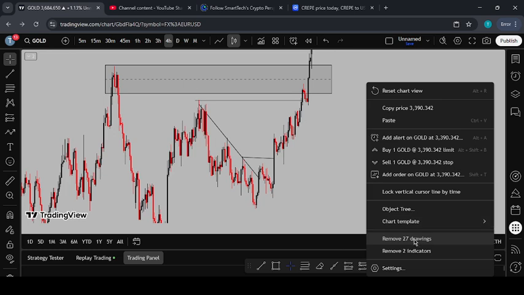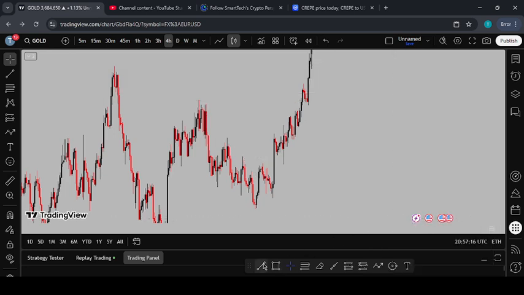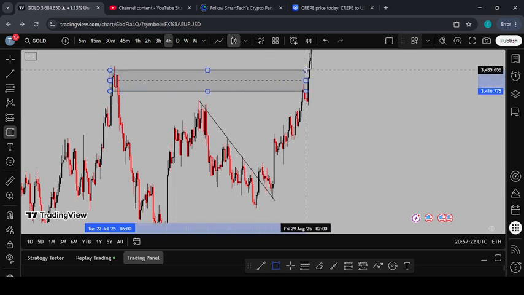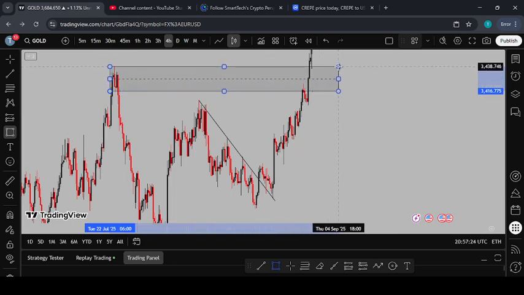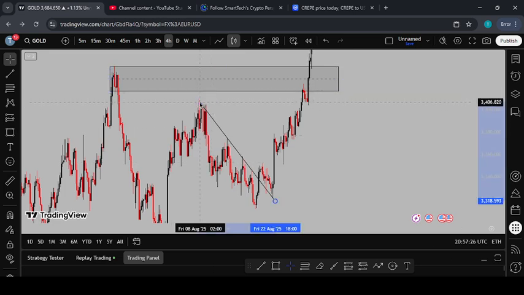Let me clean this chart. So you can have a form of trend line liquidity like this, and a sell point of interest. All this trend line liquidity may be acting as an inducement, right?